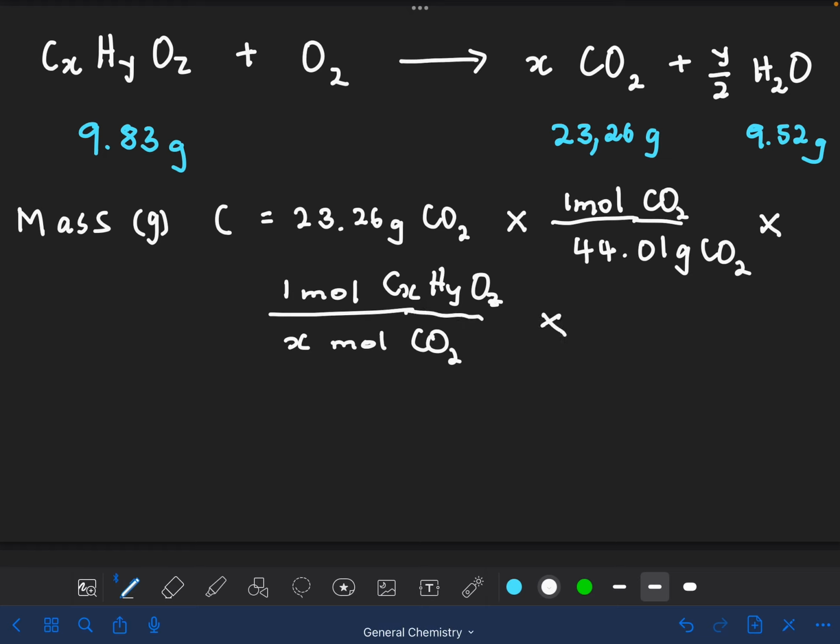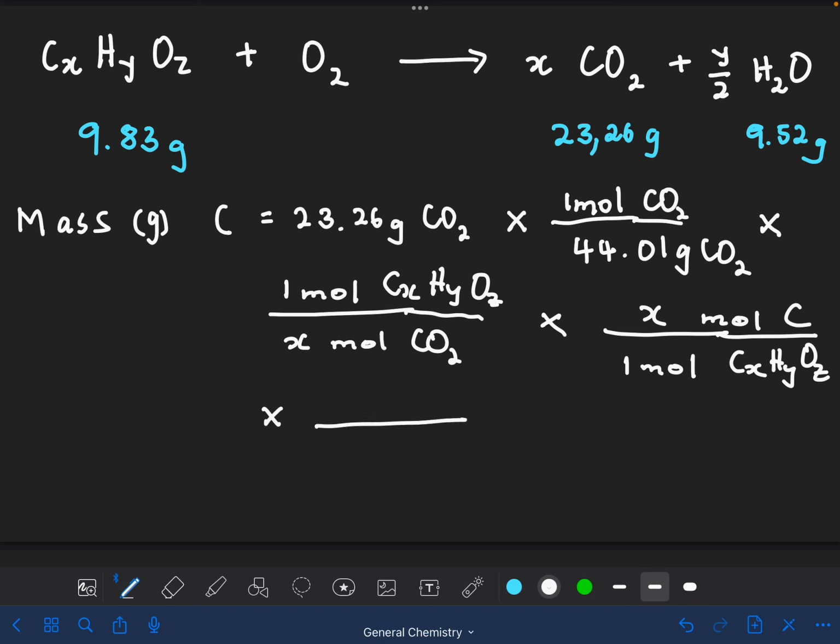We're going to multiply this by, for every 1 mole of CxHyOz, you've got X moles of carbon. Then I'm going to multiply this with, for 1 mole of carbon, there are 12.01 grams of carbon.